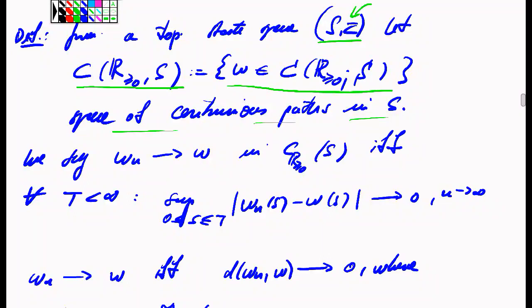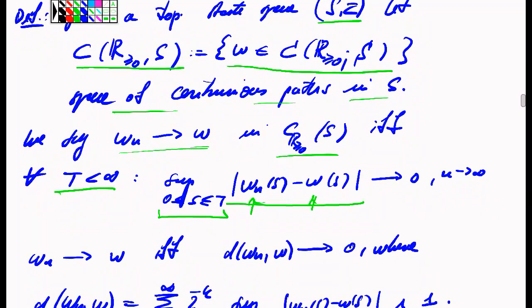For that, we would like to equip this set of continuous paths again with a topology. We say that a sequence of paths converges to another path in this path space if, for all finite times capital T, we have convergence with regards to the supremum norm on this compact time interval of the paths omega_n to the path omega.